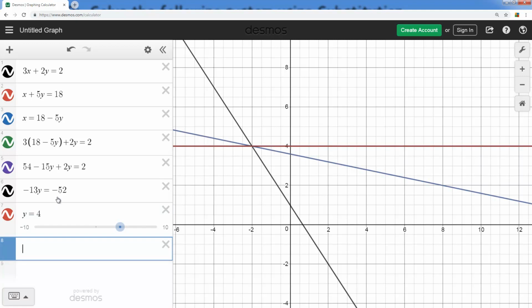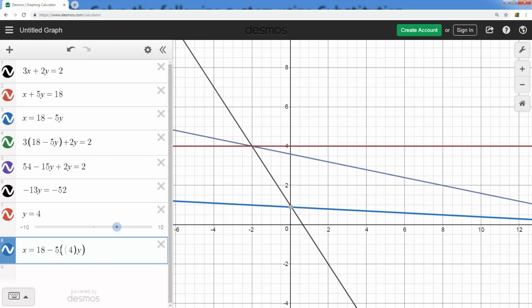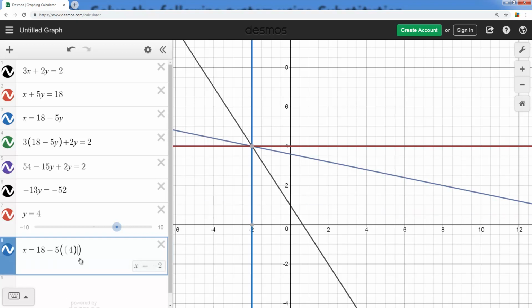And then to find what x was, we took this line, and we put 4 in here. And we get rid of that y. And so the simplest version of that is x equals negative 2. Remember, 18 minus 20 is negative 2. So there's the x equals negative 2 line.